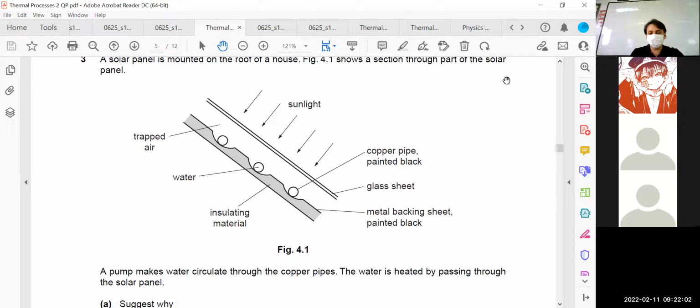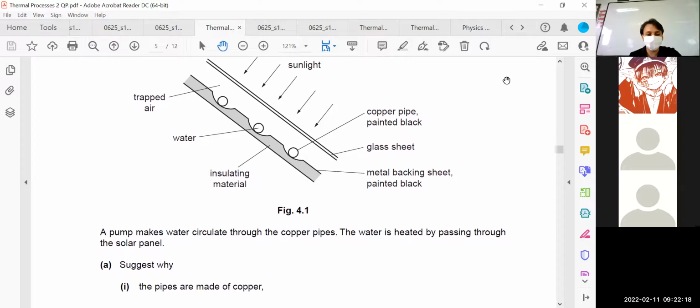Trapped air, water, insulating material, sunlight, copper pipe, glass sheet, metal backing sheet painted black. All these points are important, children. So first you go through this diagram.